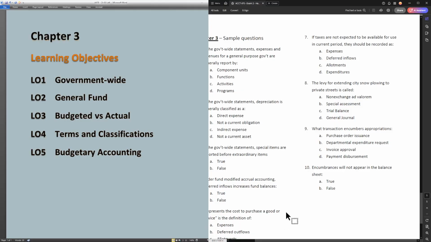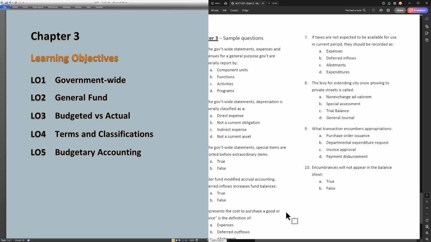Last one, encumbrances will not appear in the balance sheet. I may not have read all the way through 3-5, but you'll not find the word encumbrance in the balance sheet; it'll be in the notes or associated disclosures. First of all, it's not a GAAP or modified accrual accounting term, and so you won't actually find those in the balance sheet.